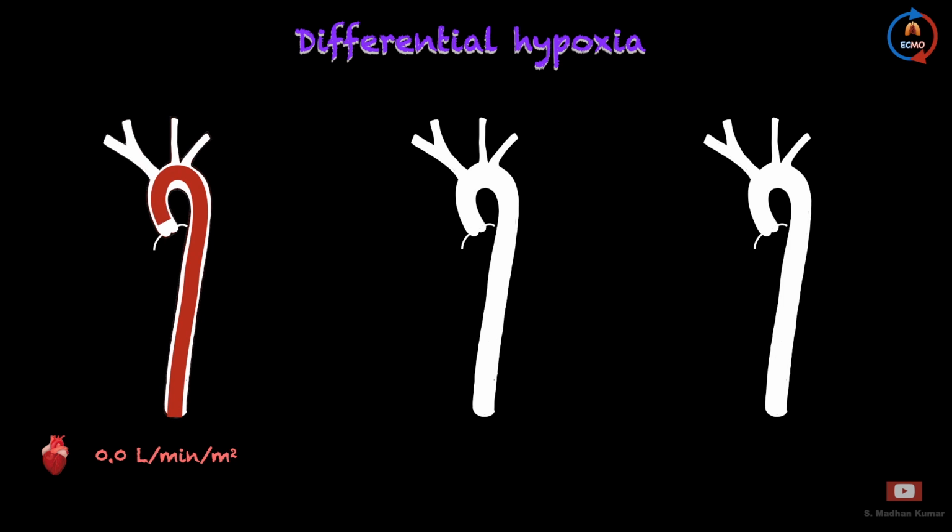Here you can see the heart is not generating any flow, so only the ECMO circuit is producing the blood flow, resulting in fully oxygenated blood going to the upper and lower extremities. In this animation, you can see the heart is generating 0.5 liters per minute per meter square, resulting in deoxygenated blood supplied to the coronaries as well as to the upper extremities.